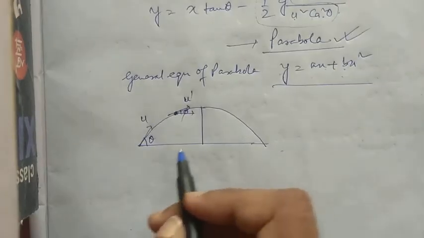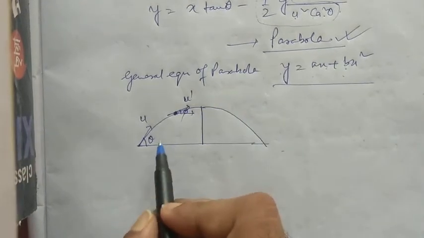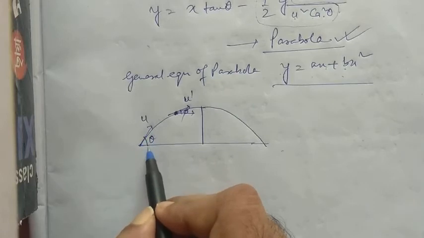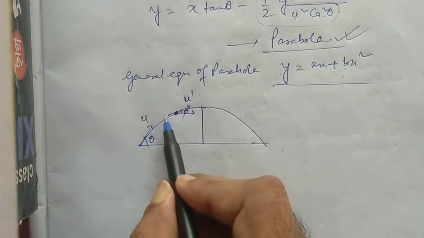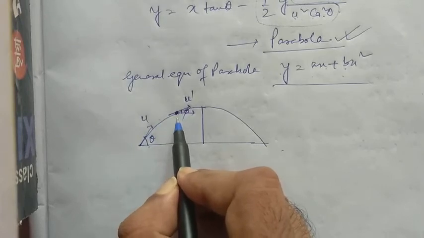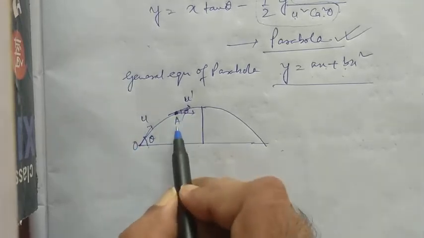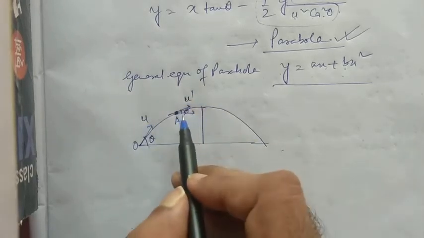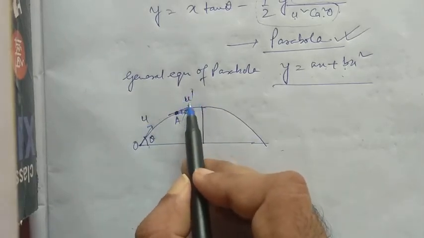Now lastly, one more point. When we have thrown the projectile with the velocity u at an angle of theta, the projectile moves upwards. Suppose this is O, this is A. Now at point A, the velocity decreases, because as we move upwards the velocity decreases, and we take the value to be u dash.